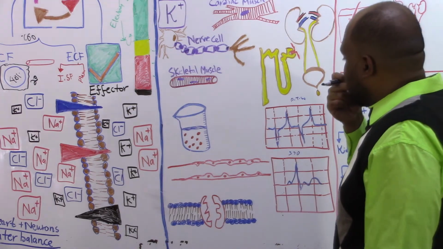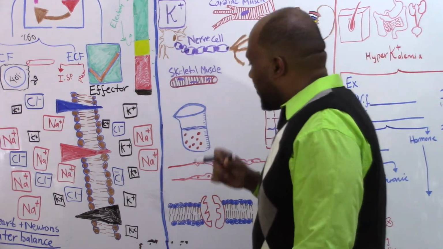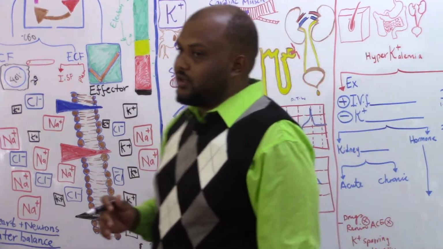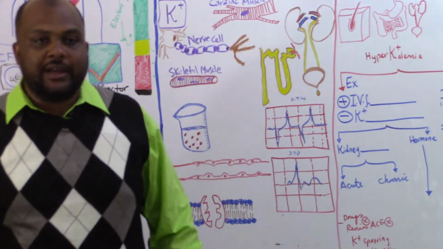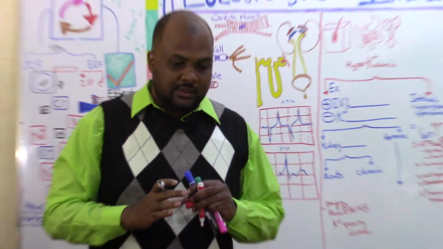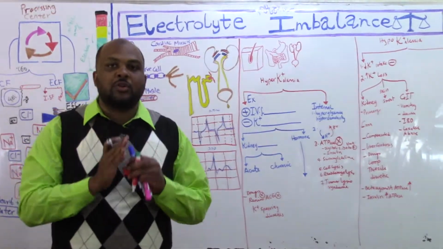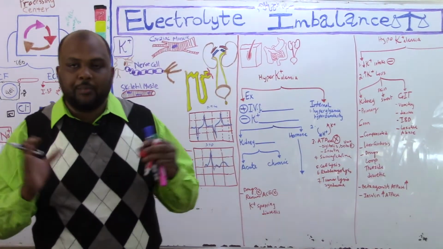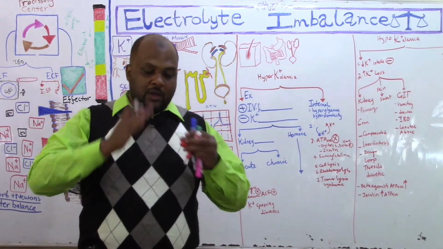Okay, so now we must have a good understanding of what an electrolyte is. An electrolyte is a substance that broke off a compound. So we have a compound like sodium chloride.